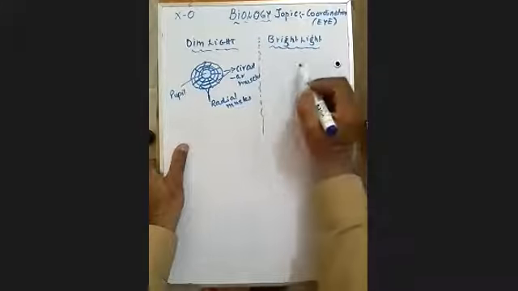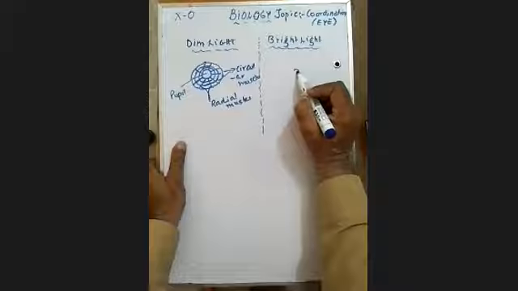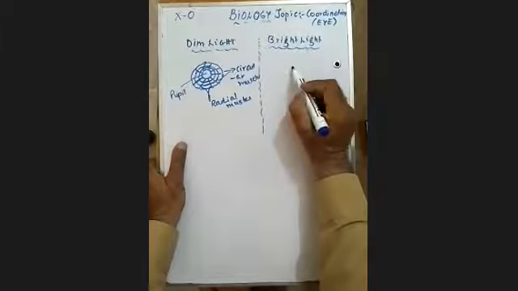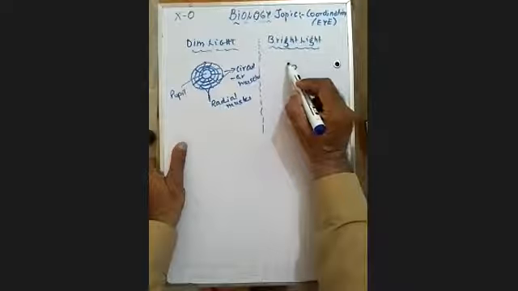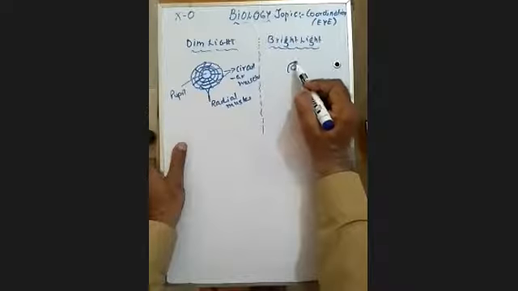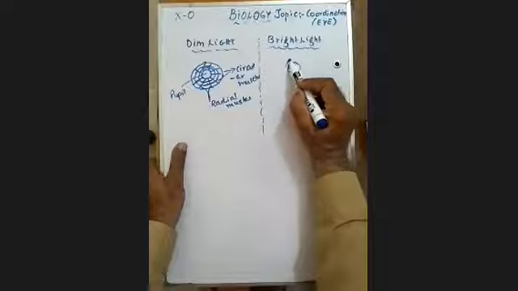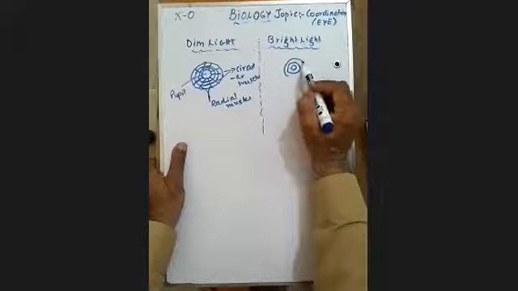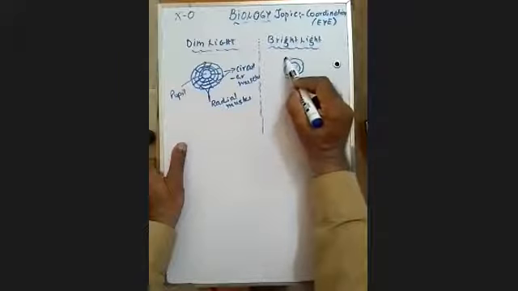Similar over here in bright light, what happens? In bright light, the pupil becomes small. This is the circular muscles.